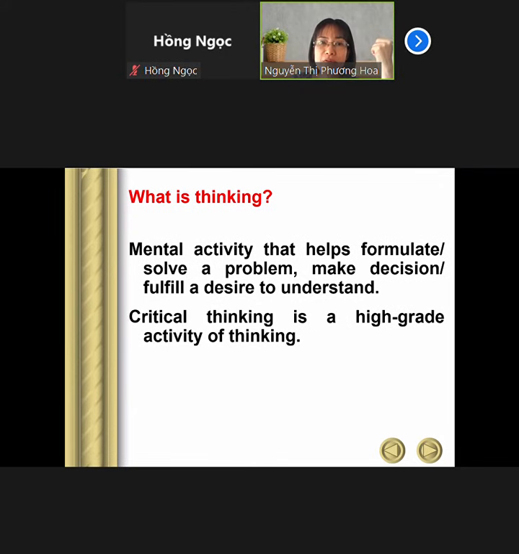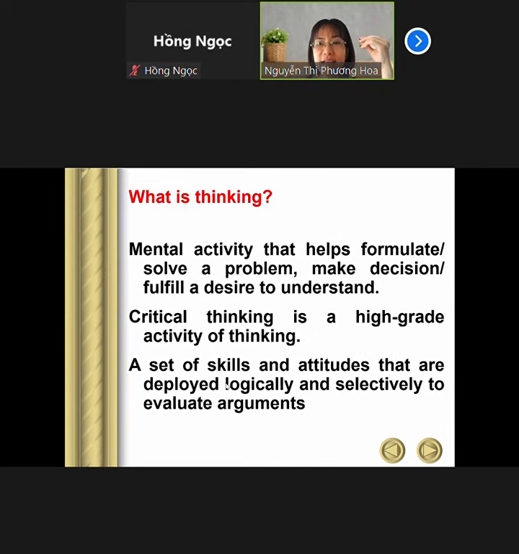So critical thinking is a hybrid activity of thinking. Critical thinking is not a natural way of thinking, right? It needs practice to have it. So this is a highly developed level of thinking.